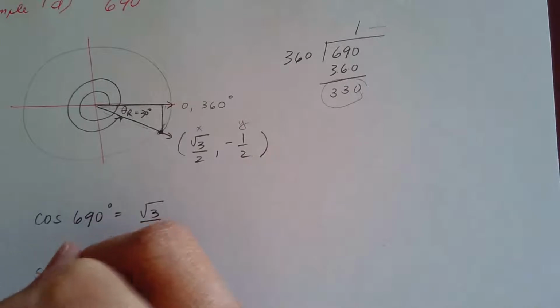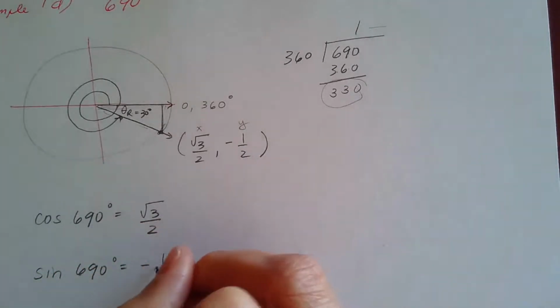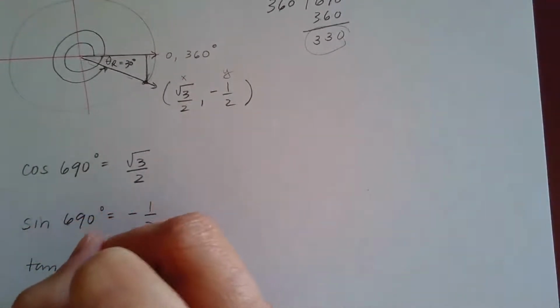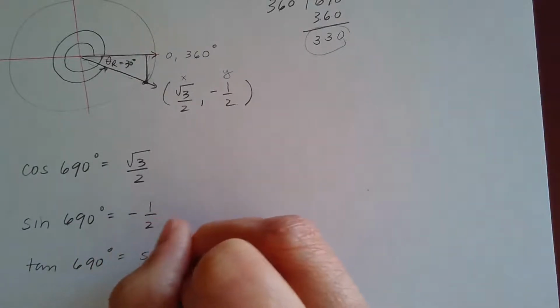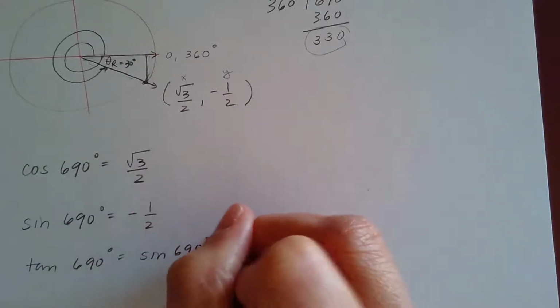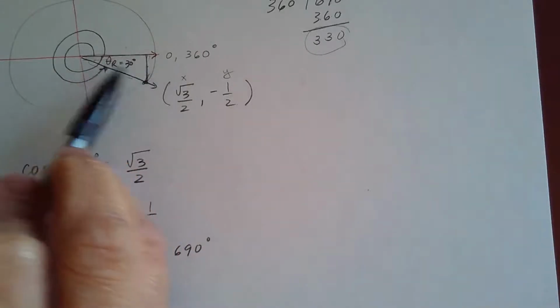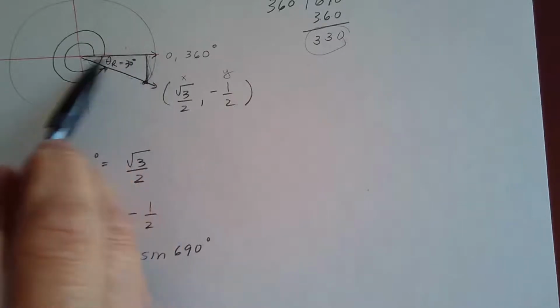Sine of 690 degrees is going to give us negative 1/2. And then the tangent of 690 degrees is going to be sine of 690 over cosine, because it's opposite over adjacent, right? Opposite is the y, adjacent is the x. That's why it's y over x.